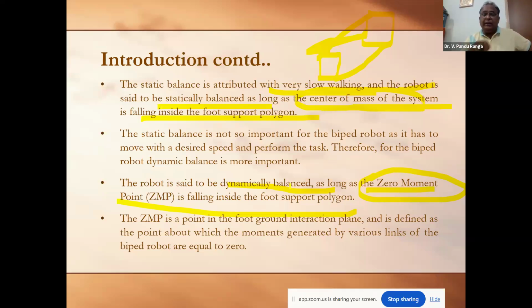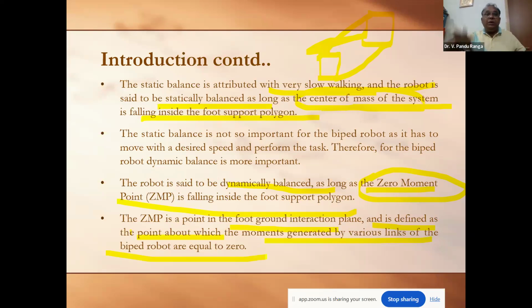So how are you going to define the zero moment point? The definition says ZMP is a point in the foot ground interaction plane, and is defined as the point about which the moments generated by various links of the biped robot are equal to zero.